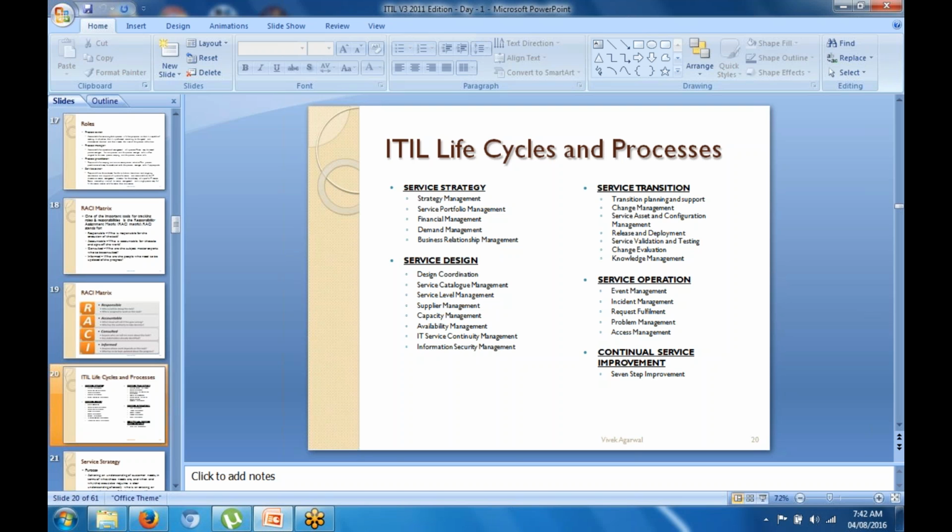That is your service operation. Under that we have event management, incident management, request fulfillment, problem management, and access management. A very good project manager who can handle these processes is handling his project very nicely. In brief, we will see each under service operation in detail.